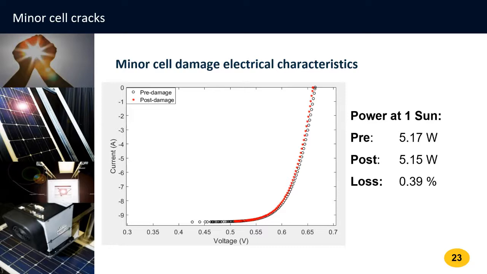Obviously, this damage could degrade further given environmental conditions, but at least as the damage occurs, there is no substantial decrease in power output from the module, considering that 0.39% would also be relative to the module, divided by 60 to get to the percentage loss of the module.